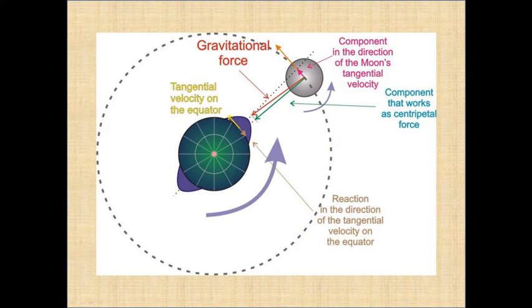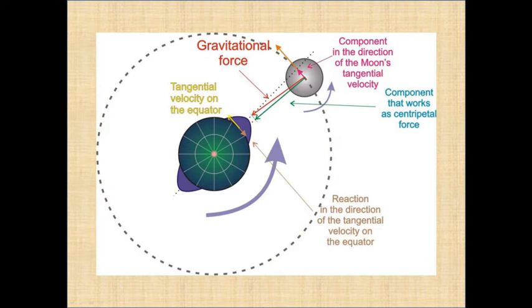On the other side, we are talking now about Earth. We have this reaction. For each action, we have a reaction, Newton's third law. And this reaction is a force in the direction opposite to the tangential velocity on the equator.